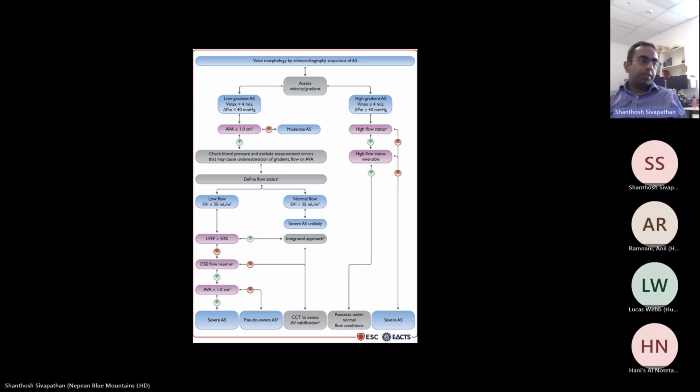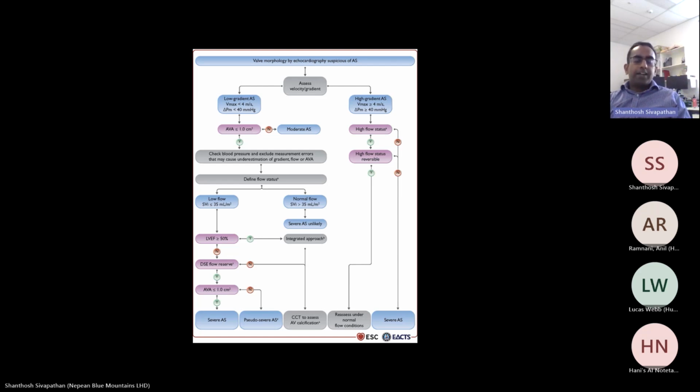In other words, is there ischemic cardiomyopathy or infiltrative cardiomyopathy or whatnot that's causing this reduced LV? Because then my question is, by replacing the aortic valve, and I'm assuming that they've got severe aortic stenosis, is it going to make any difference in terms of their long-term longevity?